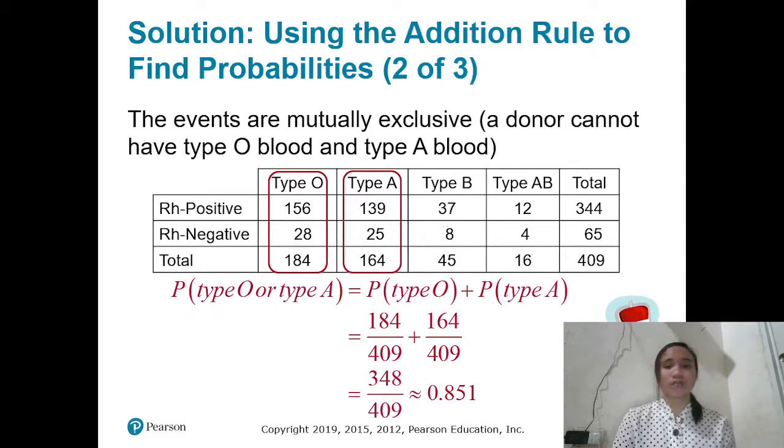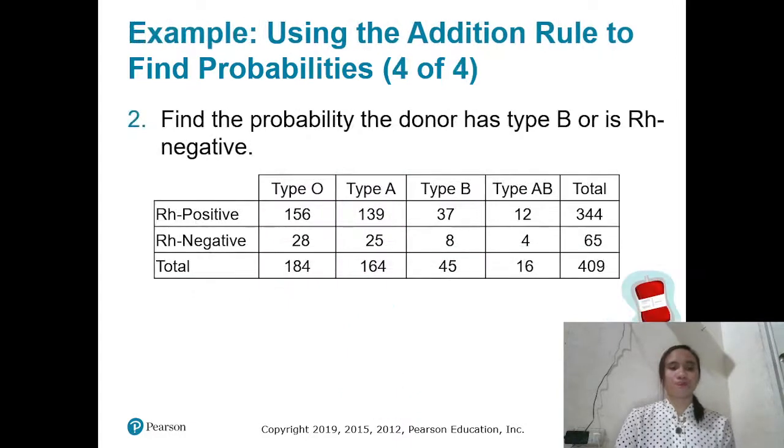That is equal to 184 plus 164 over 409, which is 348 over 409, rounded off to 0.851.